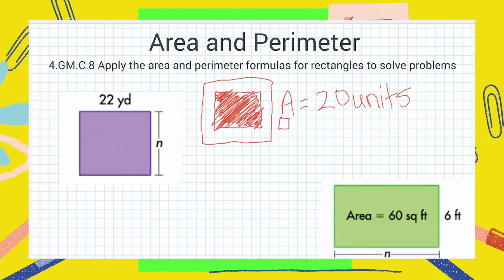So let's take a look at the purple figure here. I know that this is a square, which means all of these sides are going to be equal. 22 yards is the measure of one side, and I know that that's going to be the measure of every other side since it is a square.